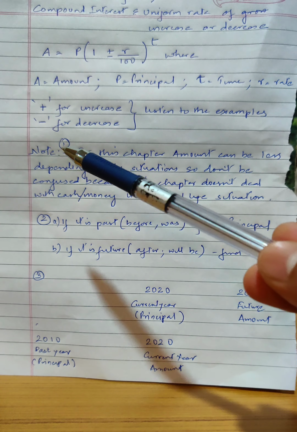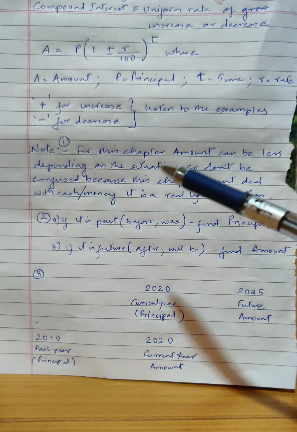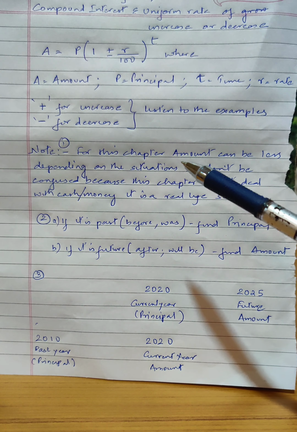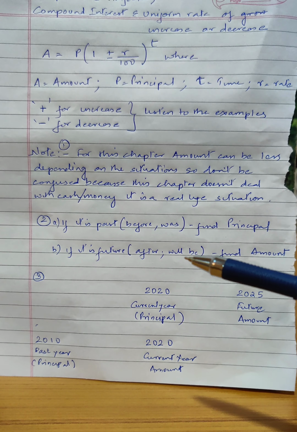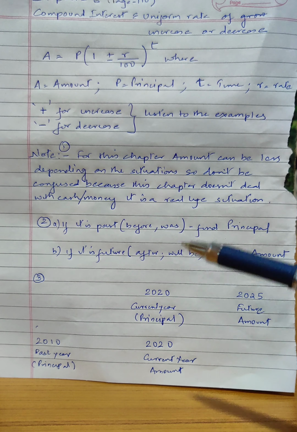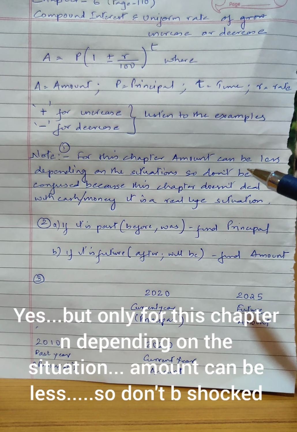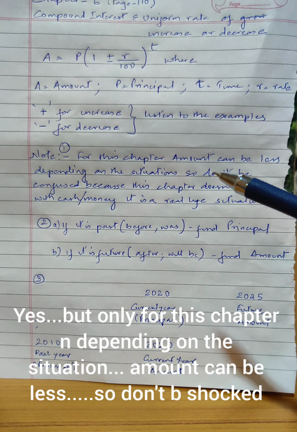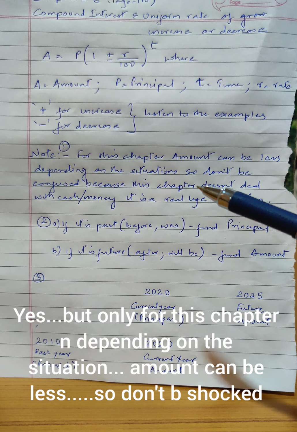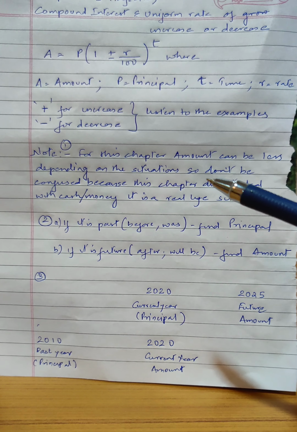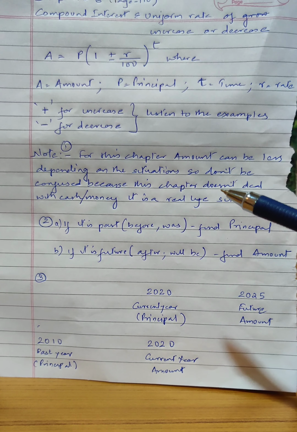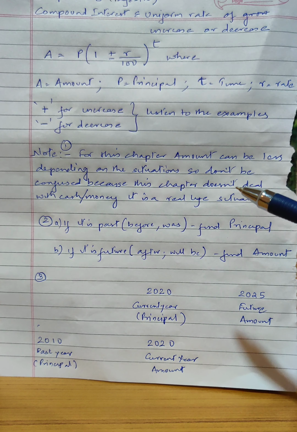Okay, some important factors that we need to remember. For this particular chapter, amount can be less. Again, I'm repeating this. For this particular chapter, amount can be less than the principal. Till now, we were dealing with cash or money. So, in those situations, amount will always be more than the principal.